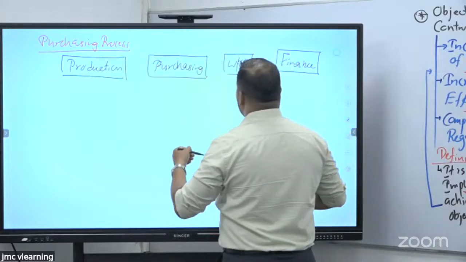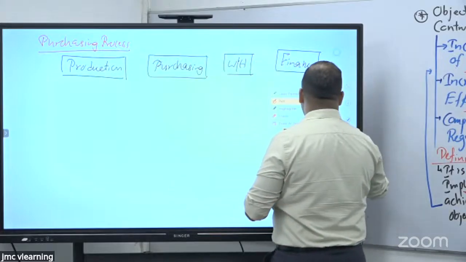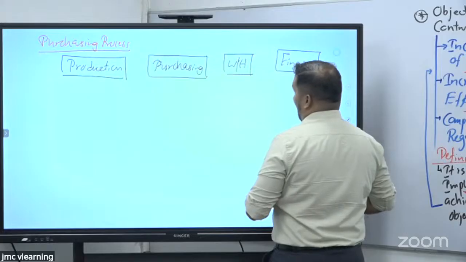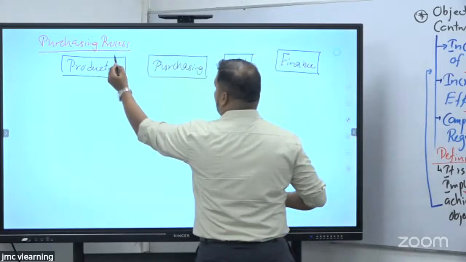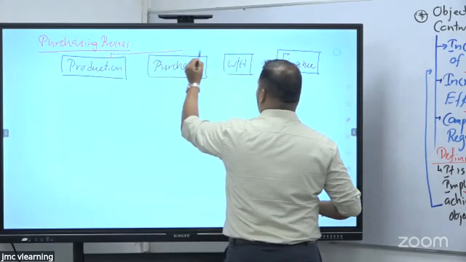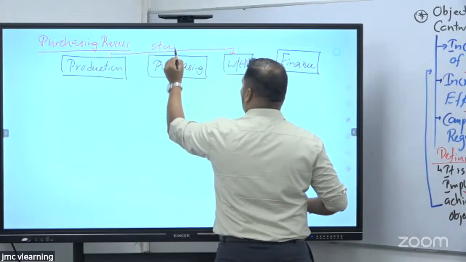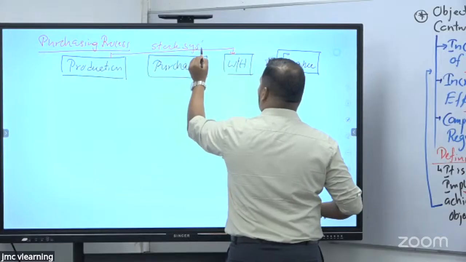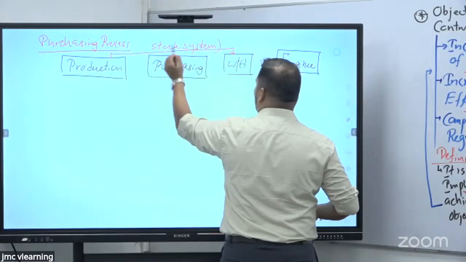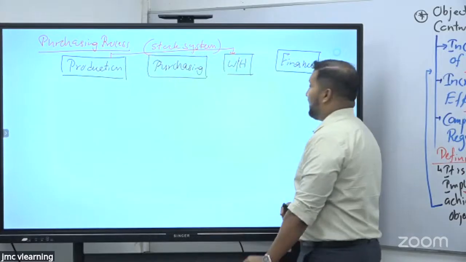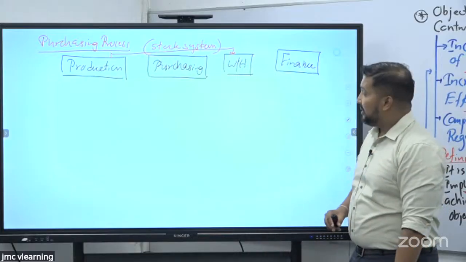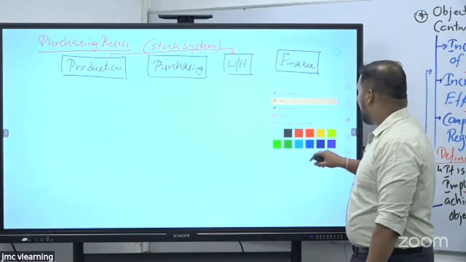Let's say the production department wants some materials for production. Initially they will check the warehouse through the stock system, to see whether the materials they need are in the warehouse. Let's assume the materials are not there.